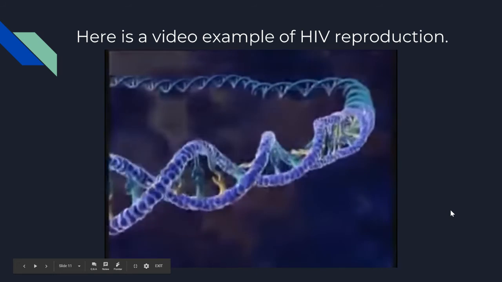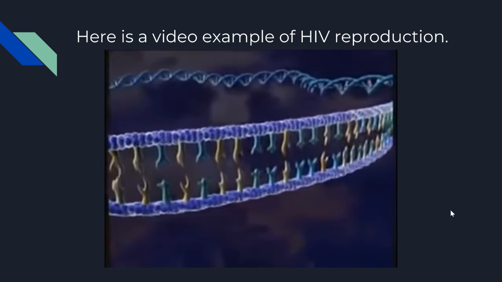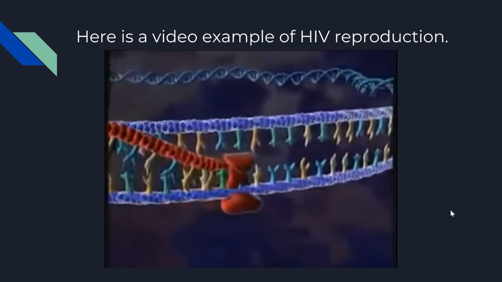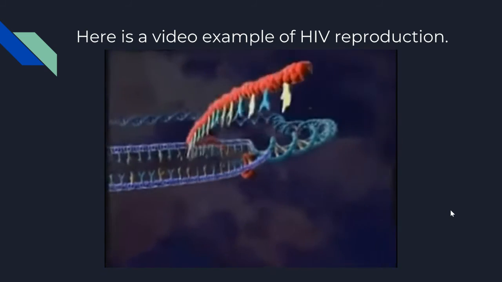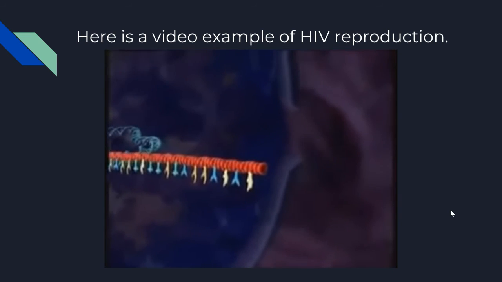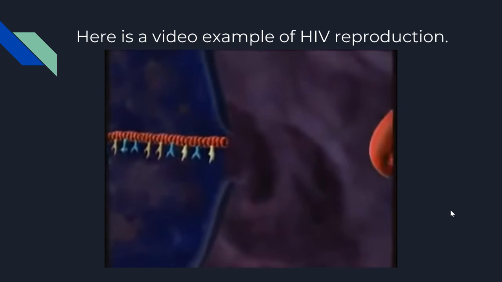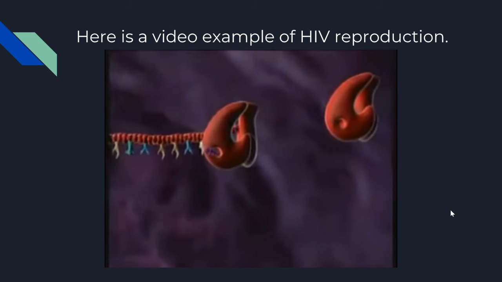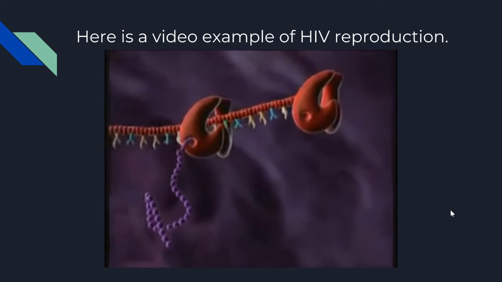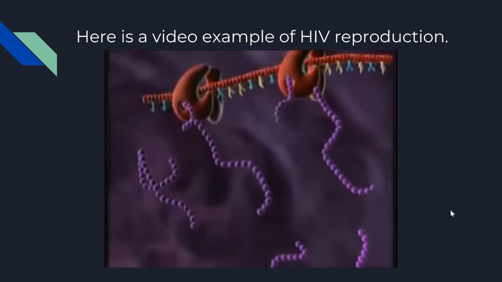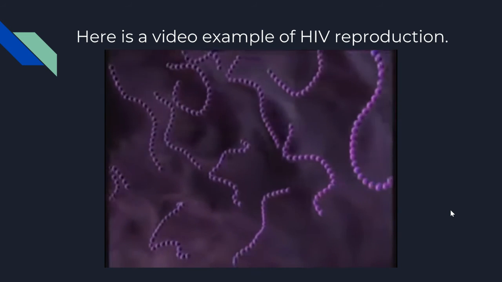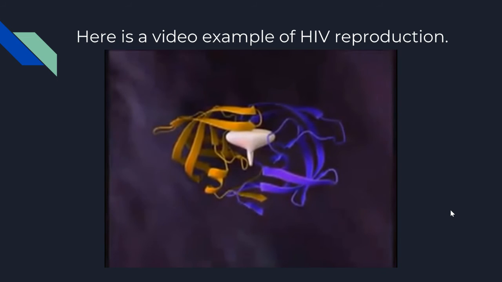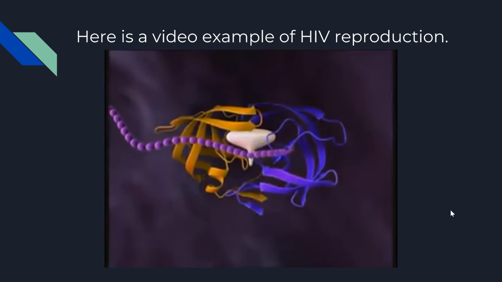Activation of the cell induces transcription of proviral DNA into messenger RNA. The viral messenger RNA migrates into the cytoplasm, where building blocks for a new virus are synthesized. Some of them have to be processed by the viral protease. Protease cleaves longer proteins into smaller core proteins.